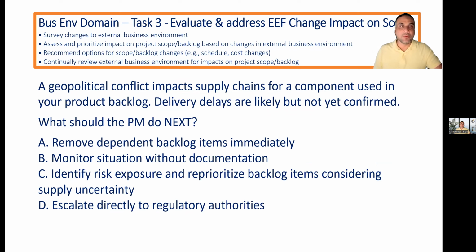A geopolitical conflict impacts the supply chain for a component used in your product backlog. Delivery delays are likely, but not yet confirmed. What should the PM do next? Is it a risk or an issue?